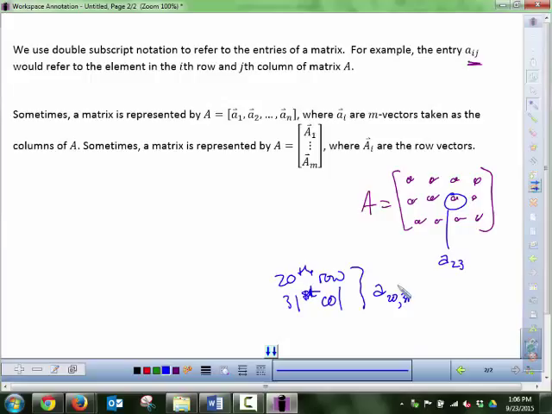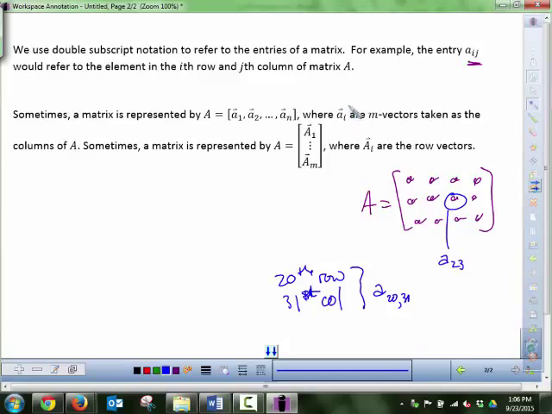So here's another comment that they had. Sometimes a matrix is represented by a group of columns or row vectors. And so we have to look at them as M vectors taken as columns.